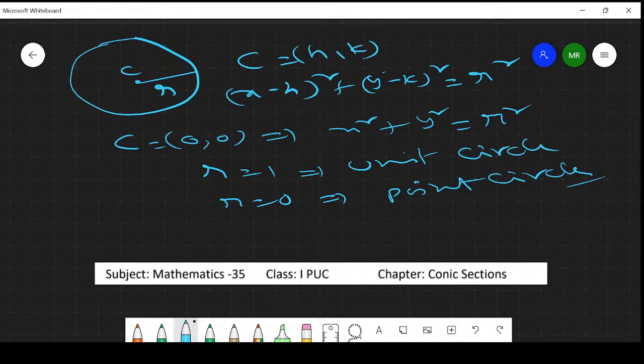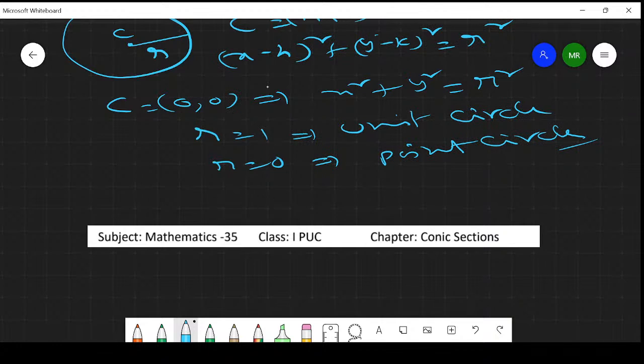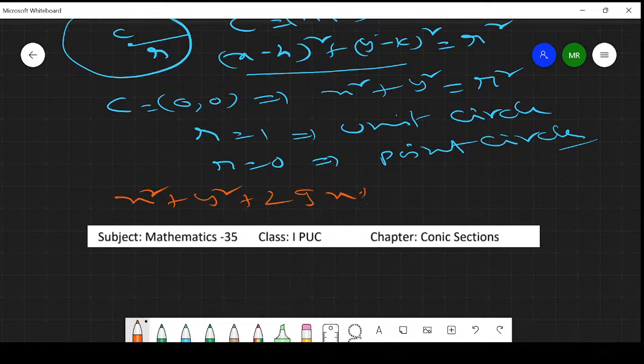Remember that. If we simplify this equation, I can also write the circle equation in the general form: x square plus y square plus 2gx plus 2fy plus c equal to 0 always represents a circle.